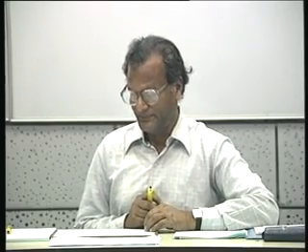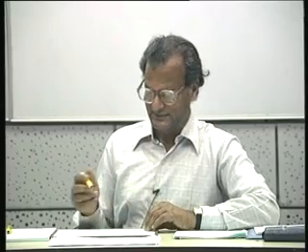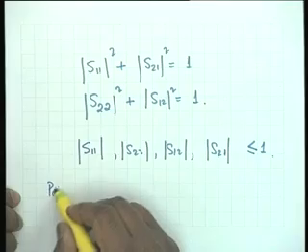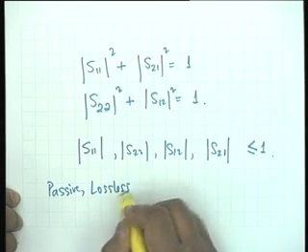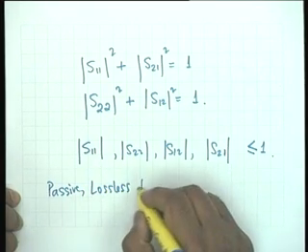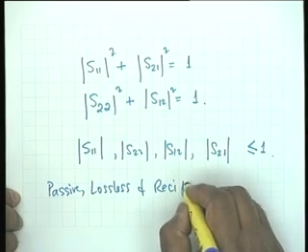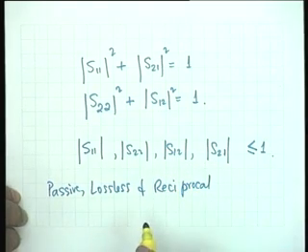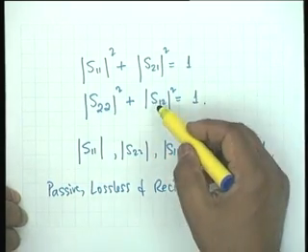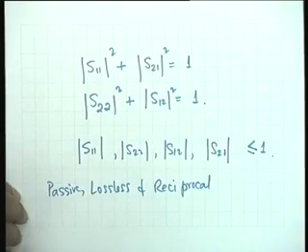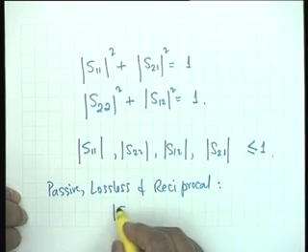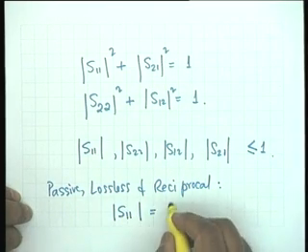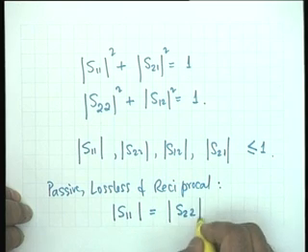But notice another thing, that if the network is passive, lossless, which we have assumed, and in addition, if the network is reciprocal, then S12 and S21 should be equal, and if S12 and S21 are equal, then obviously the magnitude of S11 is simply equal to the magnitude of S22.